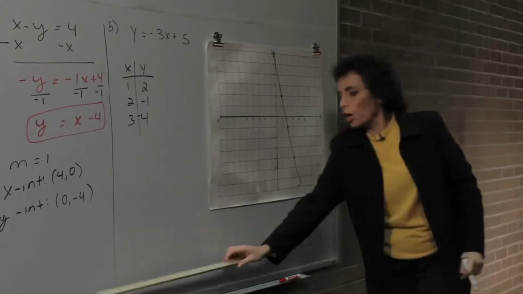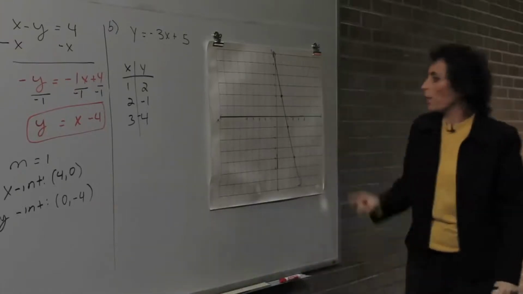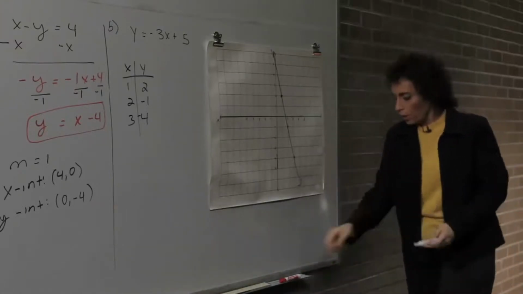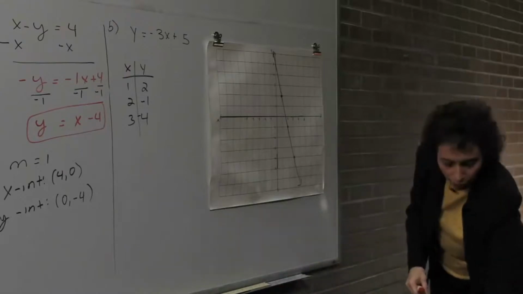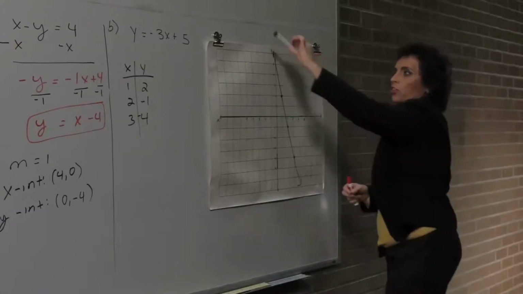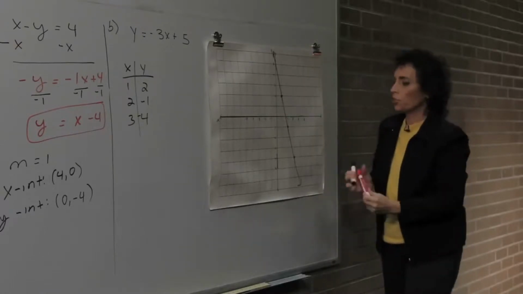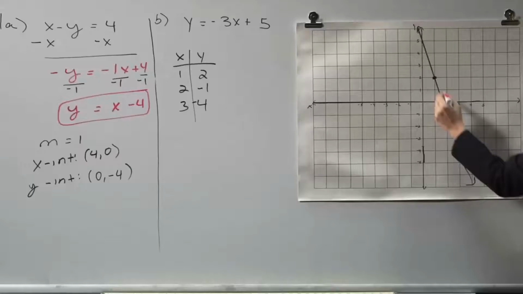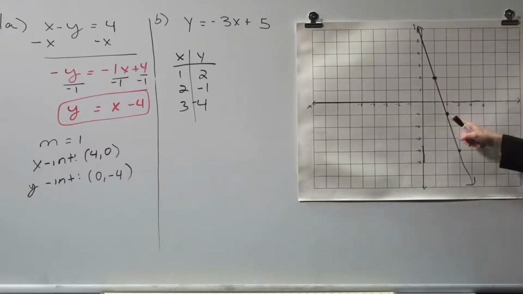Let's take a look now at the slope of this line. I'm going to count like I did before. I can take any 2 points. Notice that this is going to be a negative slope because it goes down from left to right. Maybe I'll take these 2 points. Let's say I start here.